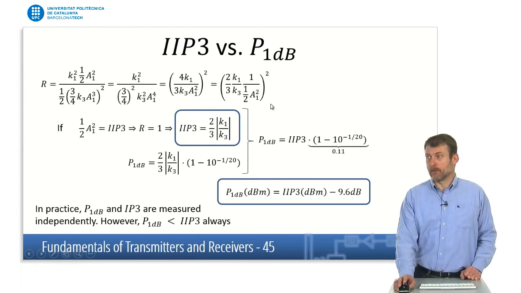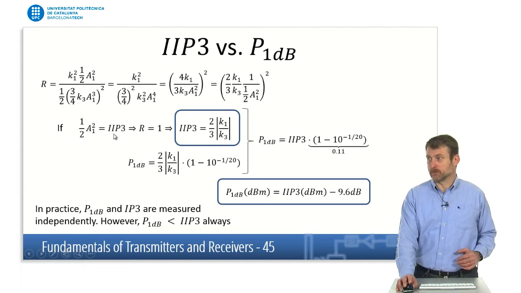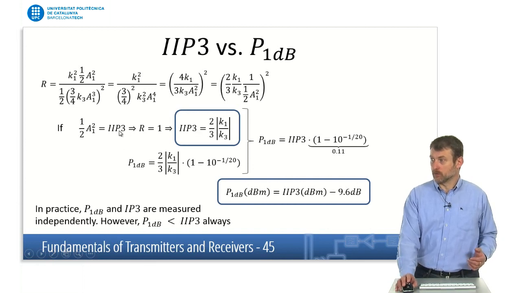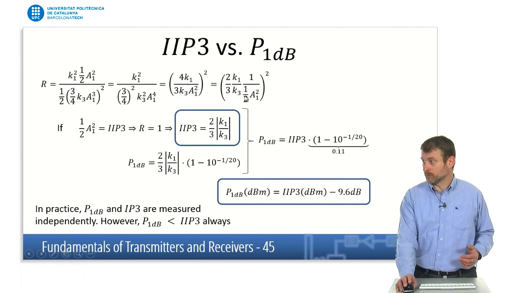Now, if we set the input power equal to the input intermodulation point, this parameter R will be equal to 1, and therefore we can take this equation, make it equal to 1, and solve for the value of 1/2 of A1 squared for which we have R equal 1.